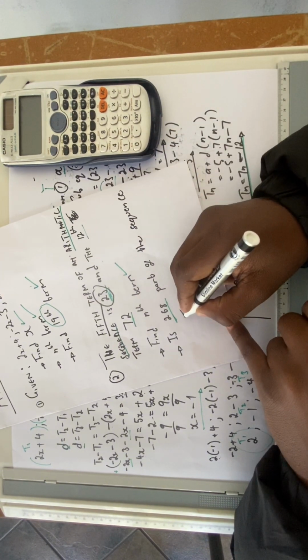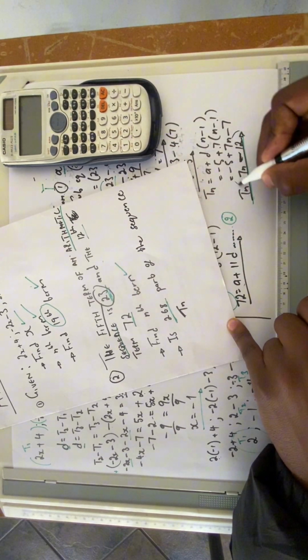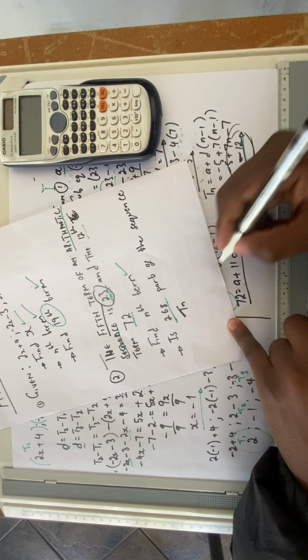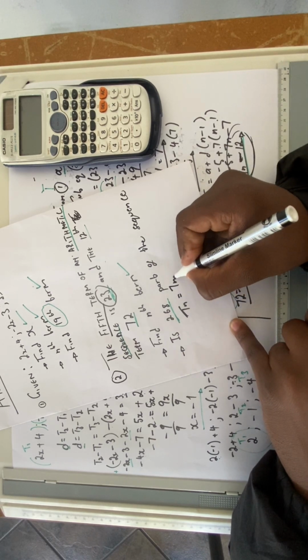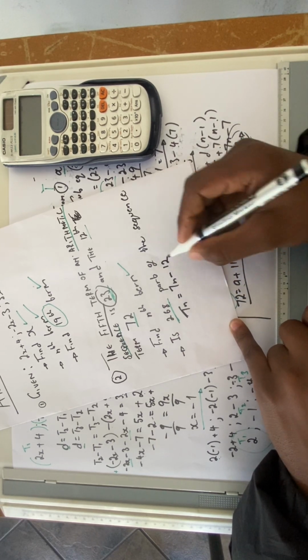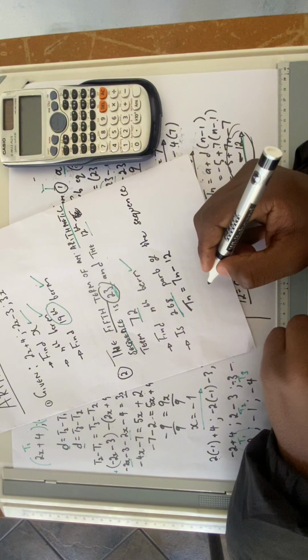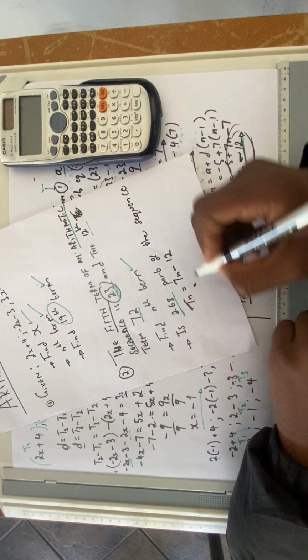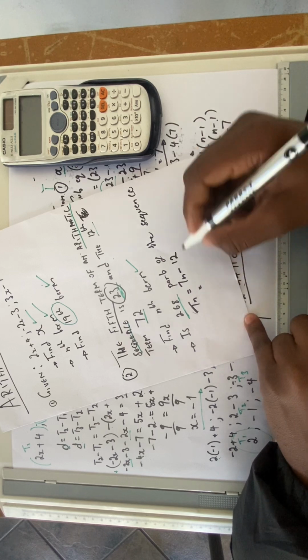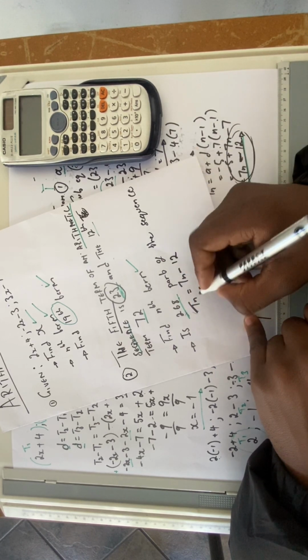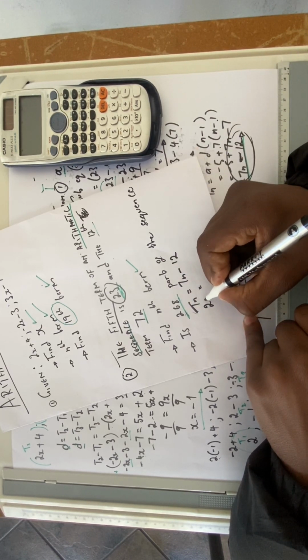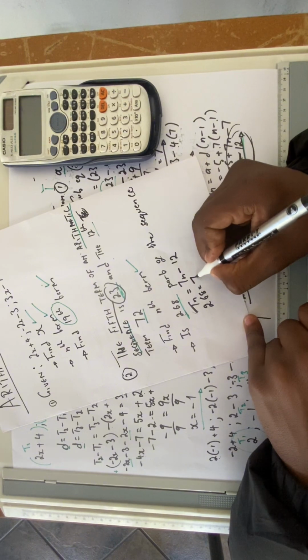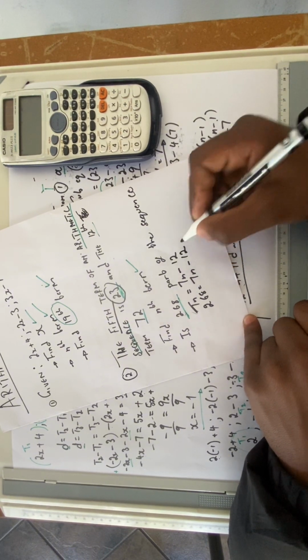So I'm going to say Tn, I take this Tn that I had already found of 7n minus 12. Then the whole thing will be working with what? I'm going to be having Tn, where there is Tn, I'm going to put what? I want to see if it has a position, so I'll put 268, 7n minus 12.